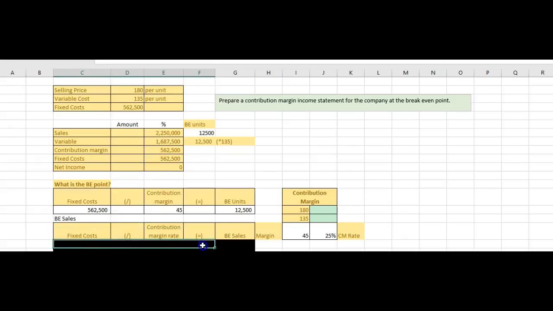Now if I want to double check all of that, I can take that 562,500 and divide it by the 25% here, the CM rate, and come up with sales of $2,250,000, which is what we have. So two ways of calculating that.